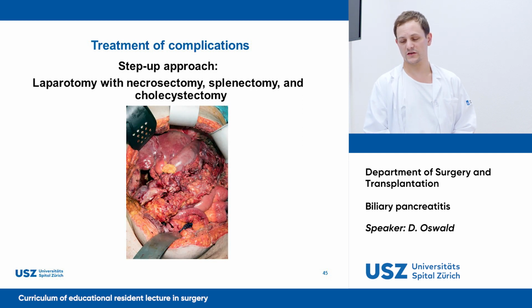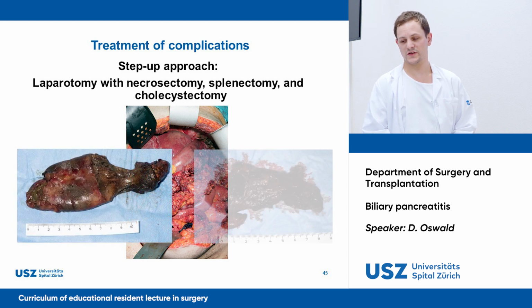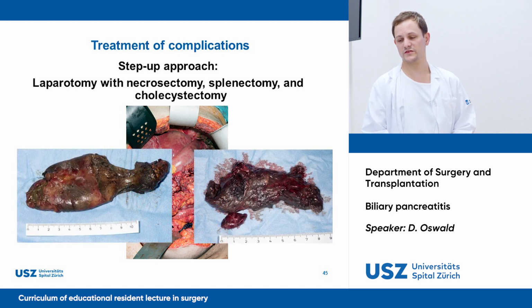And these are the intraoperative pictures with the cholecystectomy, and these are the necrosis of the pancreas, with 60 grams of necrosis that were taken out. Unfortunately, in this patient, 3 days later on the ICU, he died anyway after all the effort.